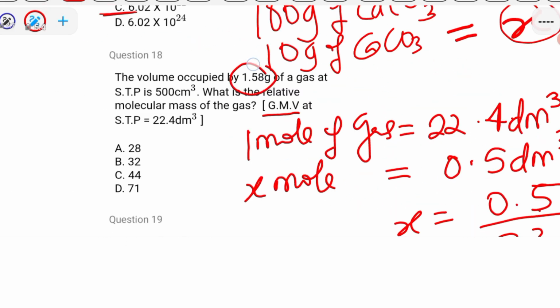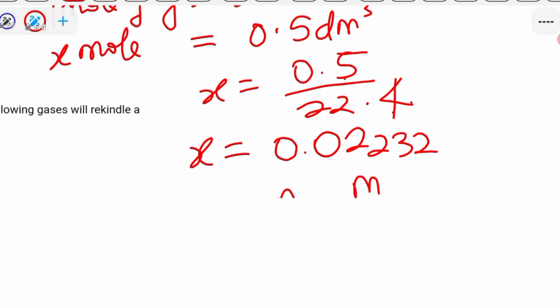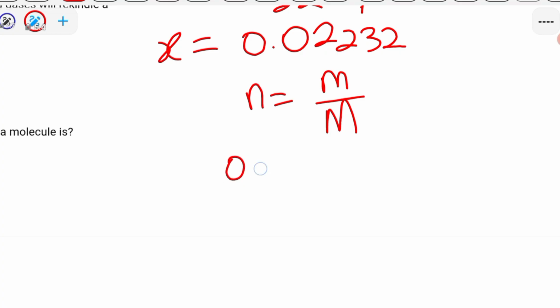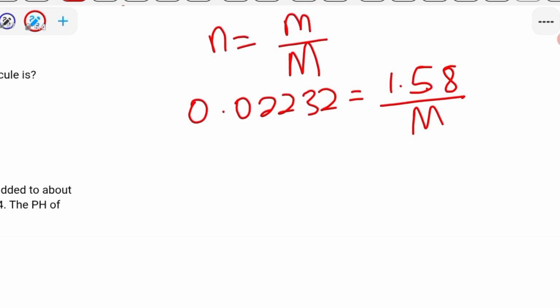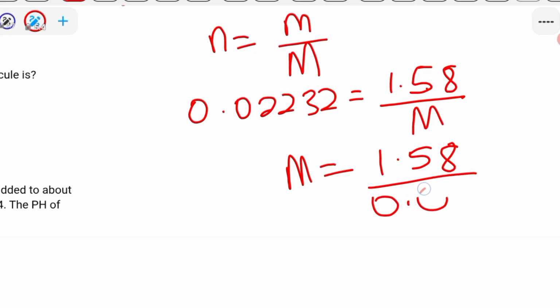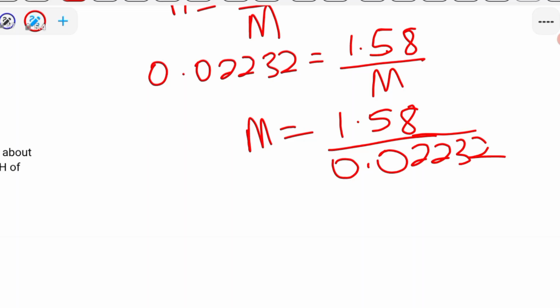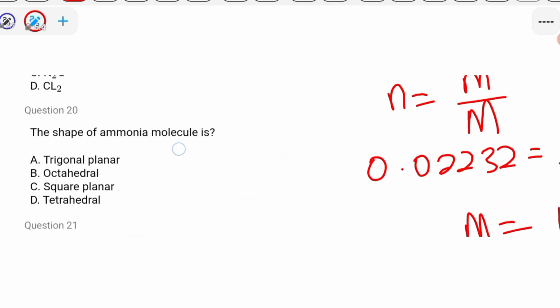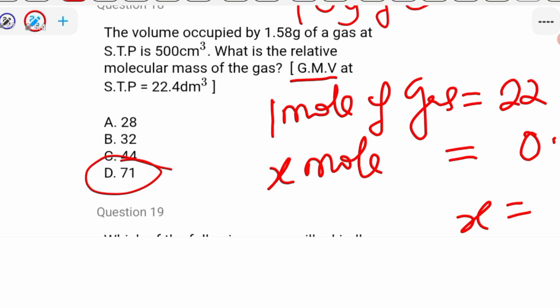So 0.02232 is equal to 1.58 divided by M. To get M, I'll just cross multiply: 1.58 divided by 0.02232. You will get 70.8, or approximately 71 grams. So just check the options. You can see it's here, 71. Okay, that's the answer to that question.